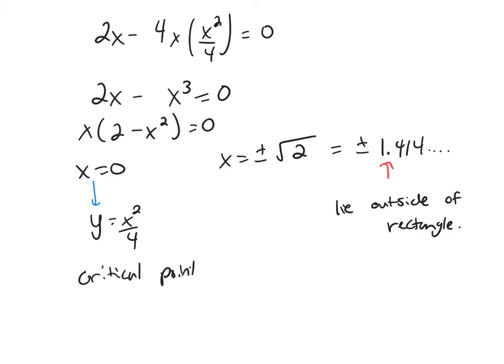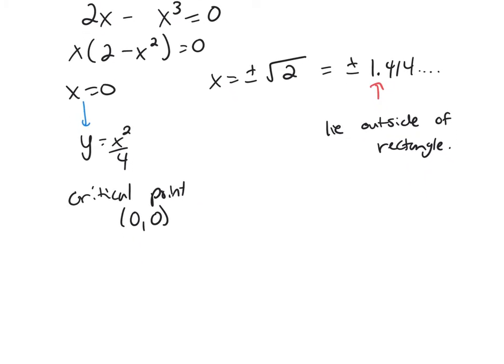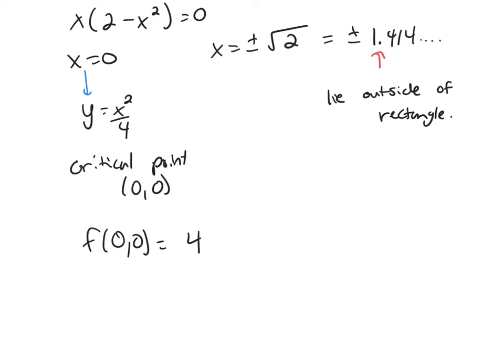The only one we have inside of our rectangle is 0, 0. So I'm going to plug my critical number into my function, and my function would spit out 4 if x is 0 and y is 0. So we're going to want to remember that value here.